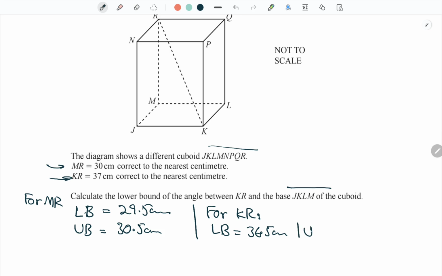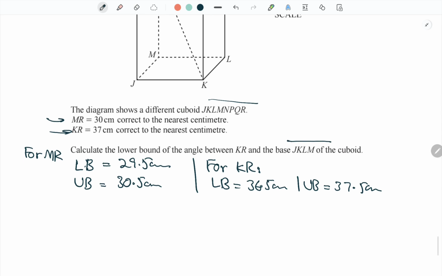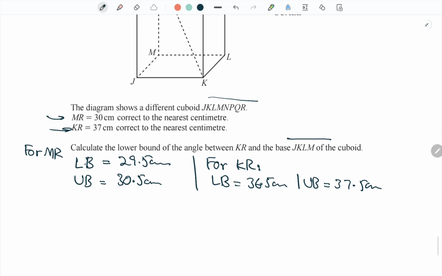And the upper bound is 37.5 centimeters, right? So we identify the relevant trigonometry ratio, that is sine theta, opposite over hypotenuse.